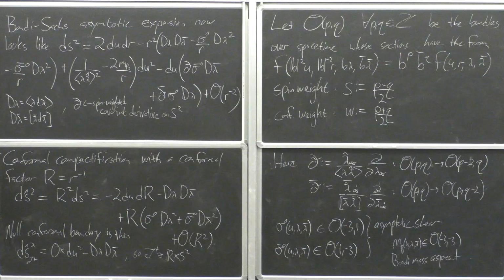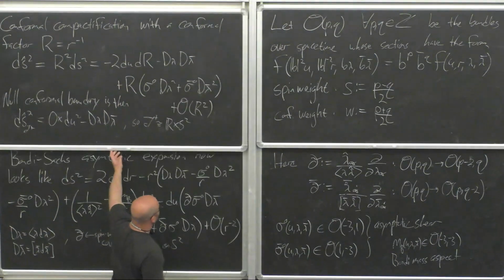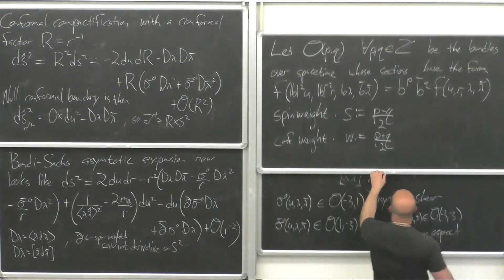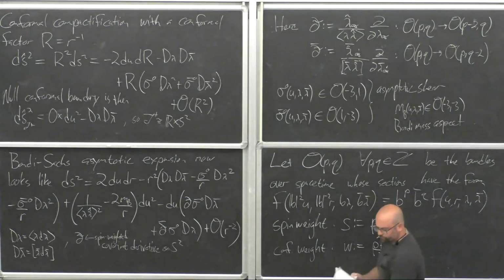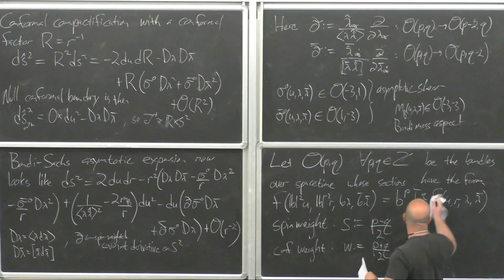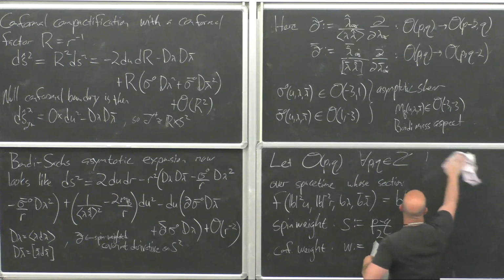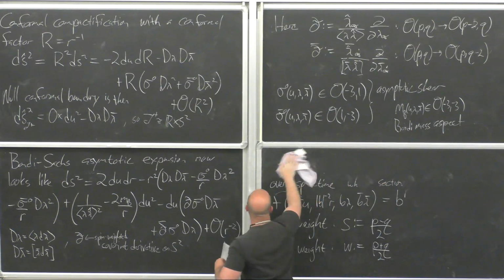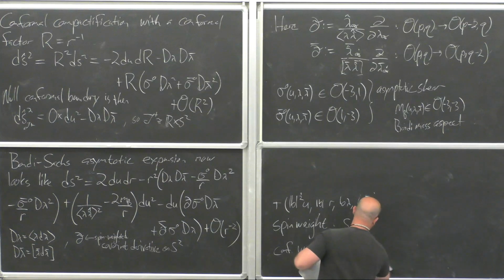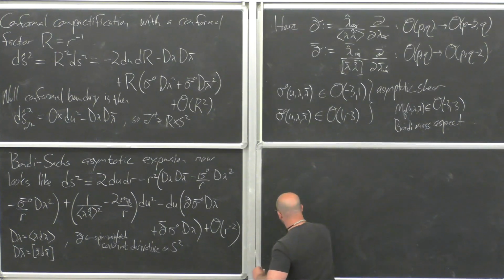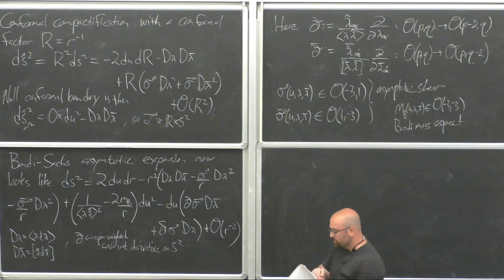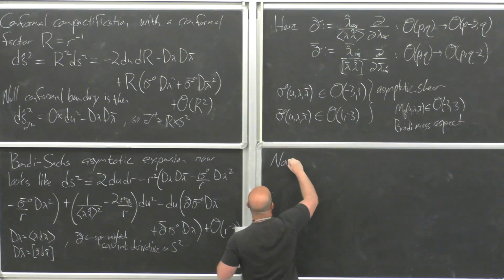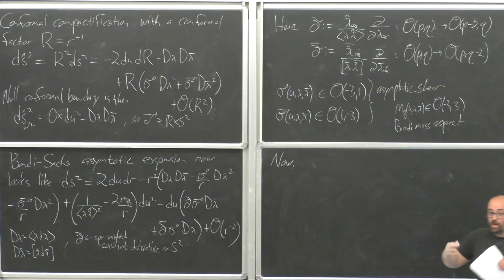That scri plus is like R plus S2, R cross S2. Okay. Now, what we've recovered from this is a sort of homogeneous coordinate description of the null conformal boundary itself.